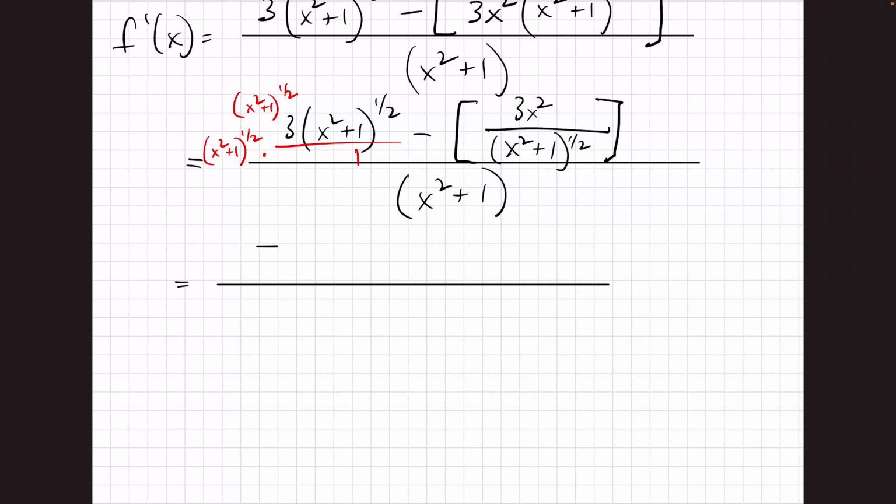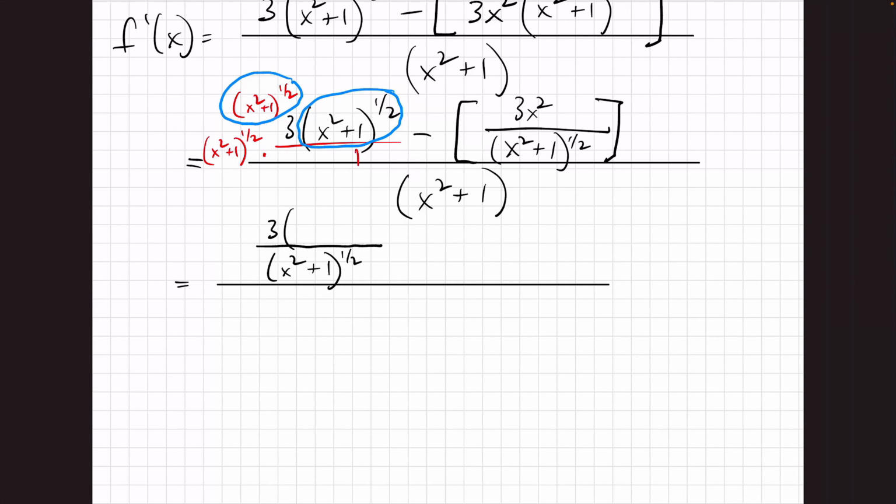So now both of them have the same common denominator. And then I have this guy times this guy. If they have the same base, you add their exponents. So it's going to be x squared plus 1 to the first power.